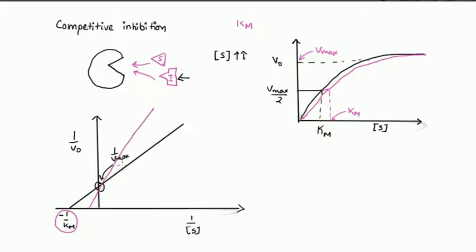Now the Vmax would remain the same. Like I said, the Vmax point on the y-axis, or 1 by Vmax in this case, would remain the same. But what happens is that the 1 by Km shifts towards the right, and the Km increases by a factor of, say, alpha. Okay?